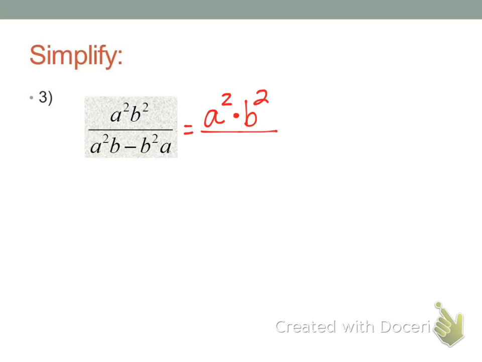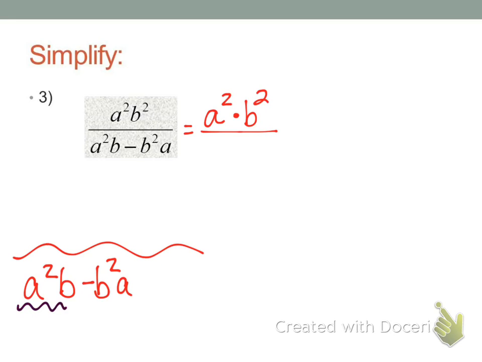In my denominator, what is my GCF that I could factor out? What do those terms have in common? So we're looking just at the denominator. So I'm looking just at a squared b minus b squared a.